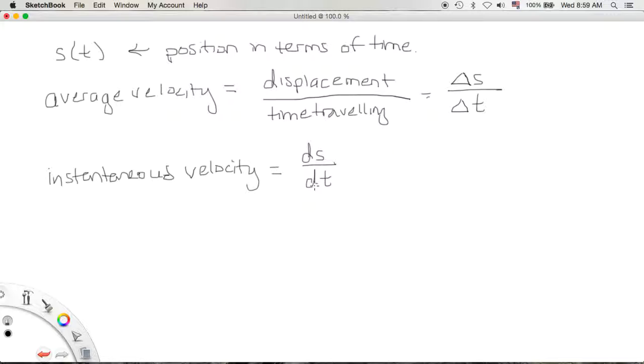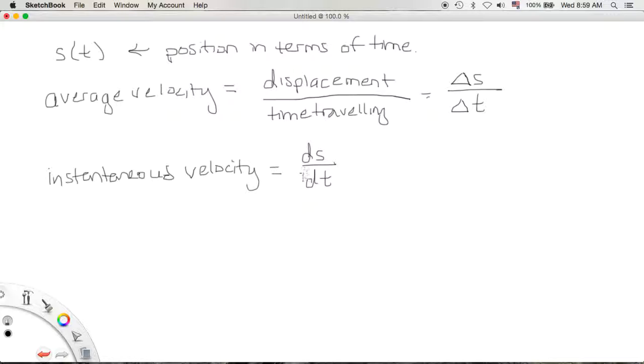Now, this gives you the instantaneous velocity right at one particular time. So if you want to find the velocity at t equals 2 seconds, you're looking for an instantaneous velocity, whereas if you said, I want to know what the velocity is from t equals 2 seconds to t equals 4 seconds, that would be an average velocity.